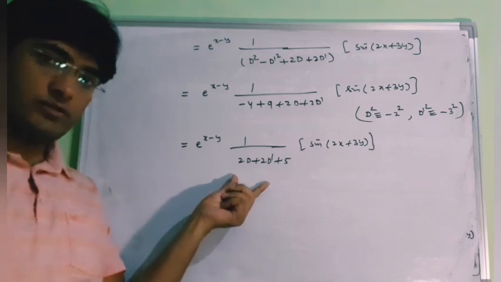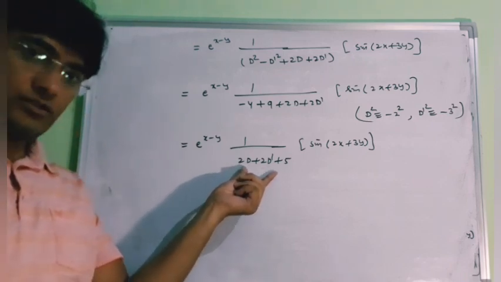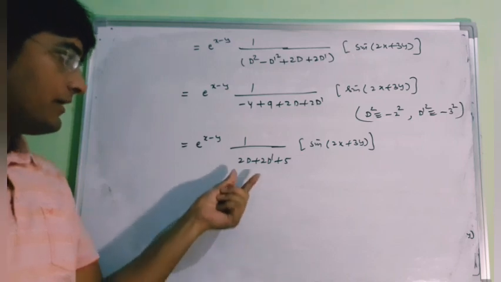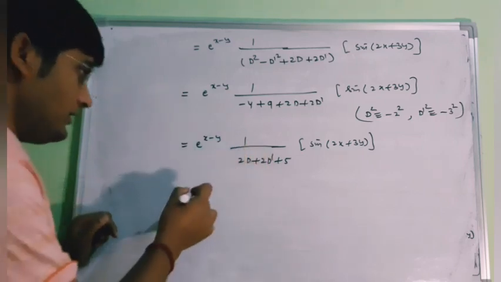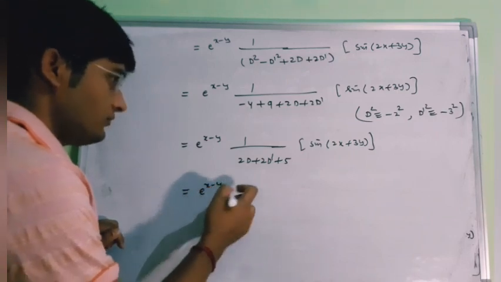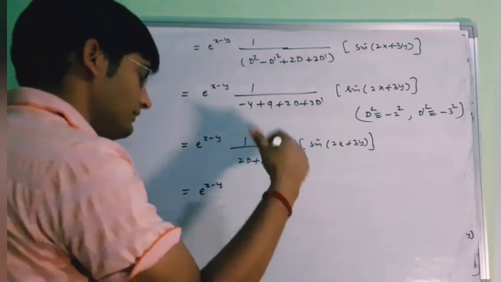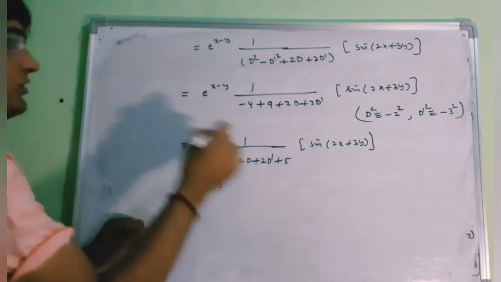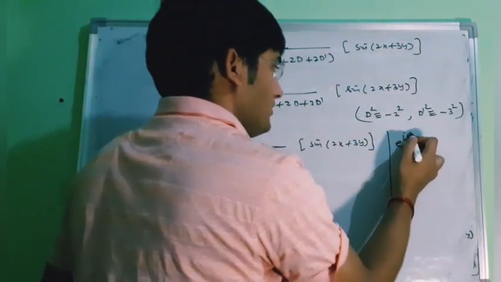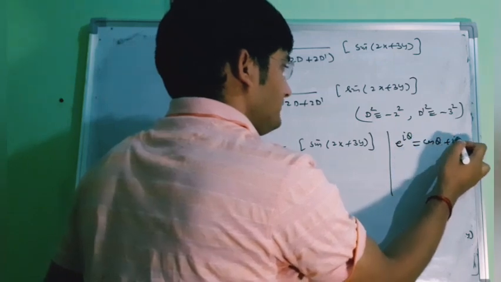Now we have two choices. Either rationalize this term by taking its conjugate in the numerator or in the denominator, or replace. We can also write this sin theta, because we know that e to power i theta equals cos theta plus i sin theta.